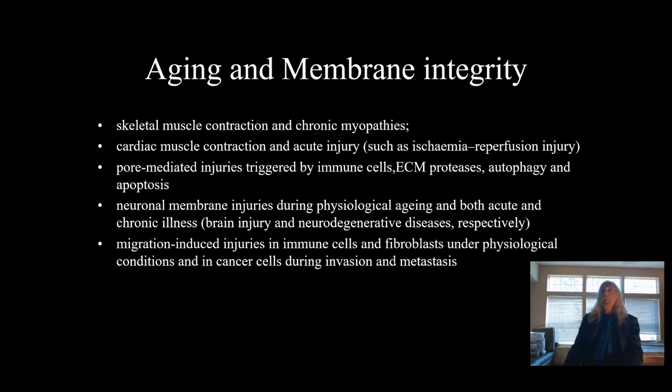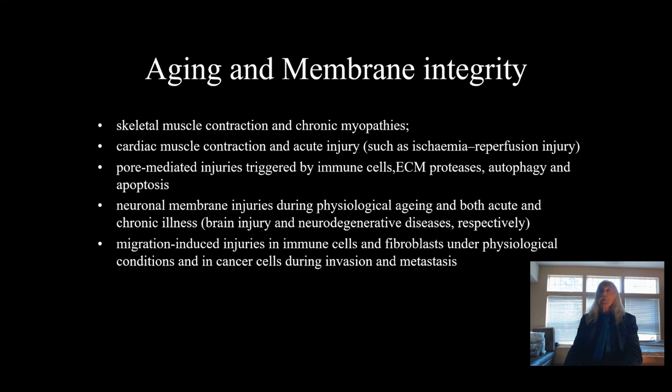Pore-mediated injuries triggered by immune cells, by diapedesis, for example, of macrophages forming foam cells. Extracellular matrix proteases, we spent a lot of time on those. Autophagy, of things like peroxisomes and mitochondria. And of course, apoptosis and various forms of necrotosis, ferroptosis. Right?